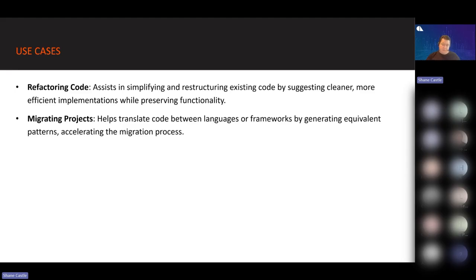Another use case is moving between languages, moving between libraries, even moving between versions of frameworks. Say version 6 of your framework has features, and then version 7 introduces a whole bunch of breaking changes, and you need to make those changes. You can tell GitHub Copilot, I have version 6 of this framework and I'm moving to version 7, can you find the instances of the breaking changes?